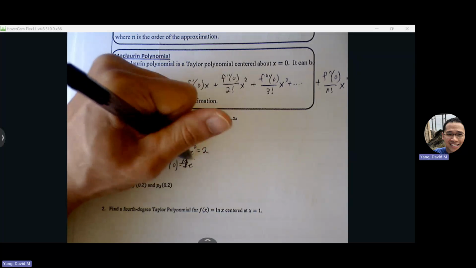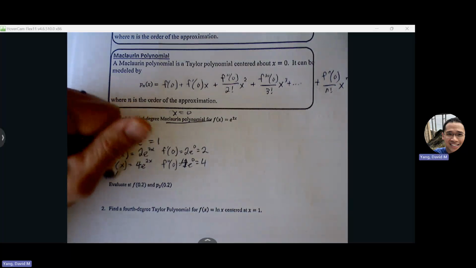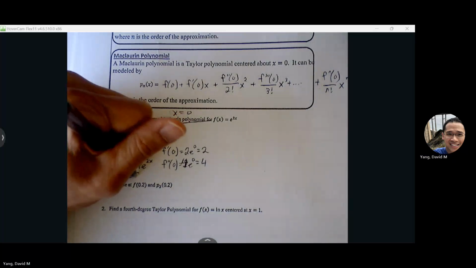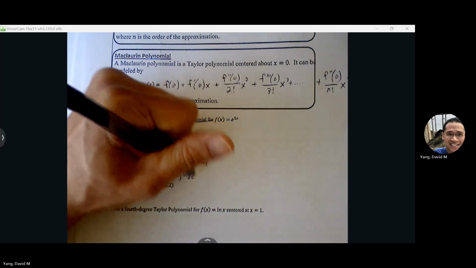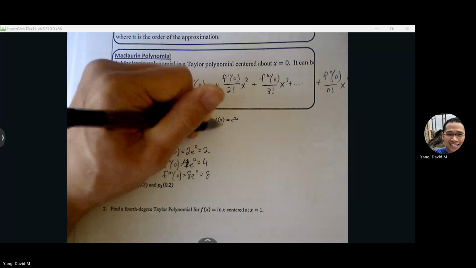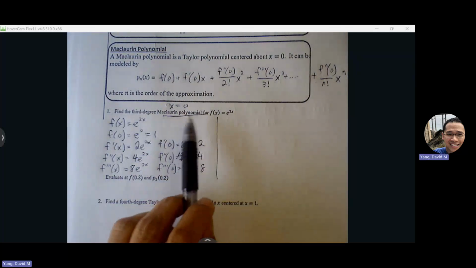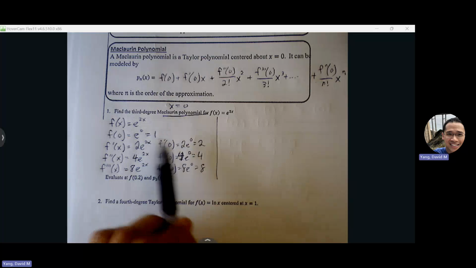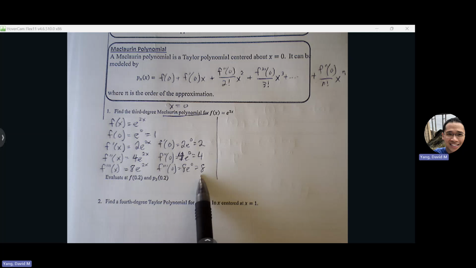Sorry, 4e to the 0 equals 4. Third derivative at x. So we have the y value at 0. We have the slope of the curve at 0. We have the concavity value. We have the third derivative value.